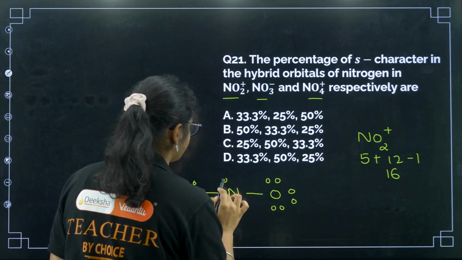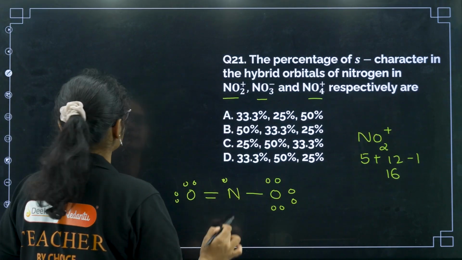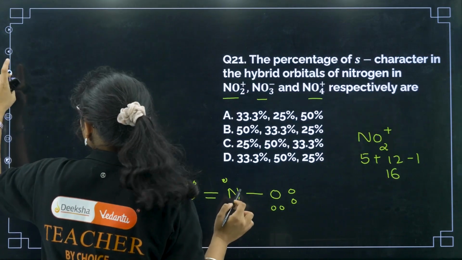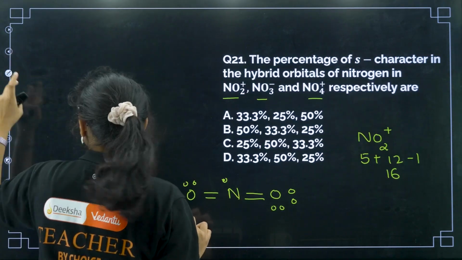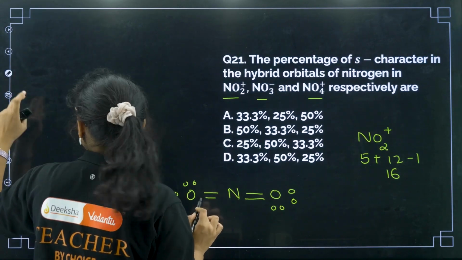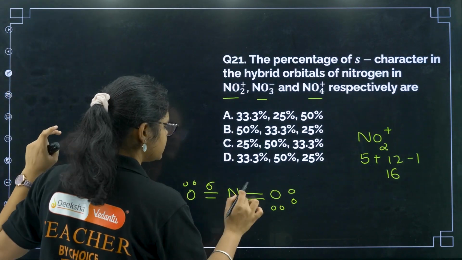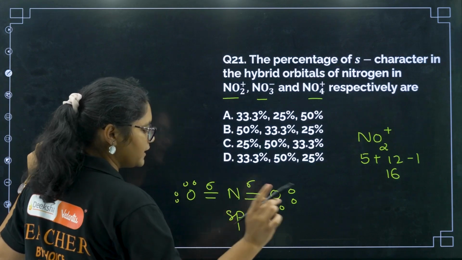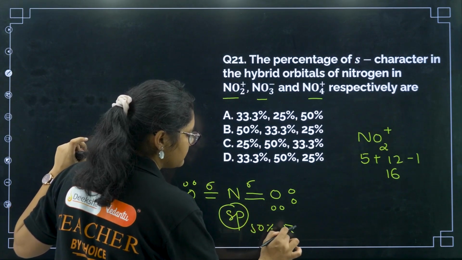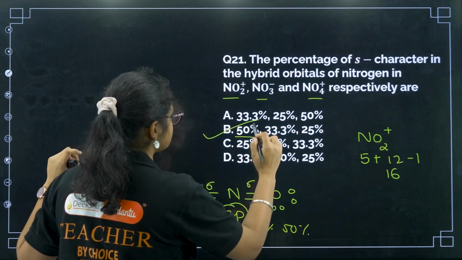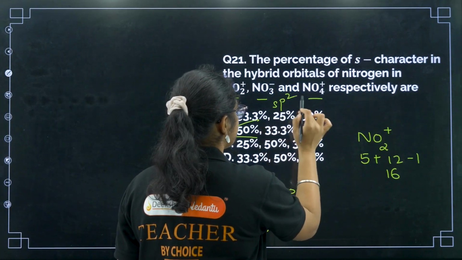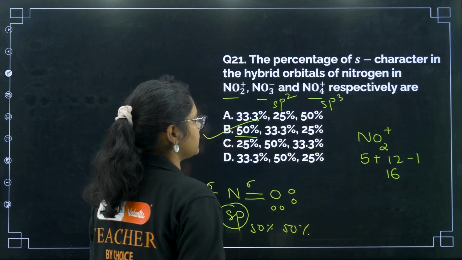But if you see here, the nitrogen octet is not satisfied. So what I can do here is write like this. Now the octet is satisfied and nitrogen has 2 sigma bonds, so hybridization will be sp. If hybridization is sp, then 50% s and 50% p, so the correct answer will be option number B. Thus you can check the hybridization, this will be sp2 and this will be sp3.